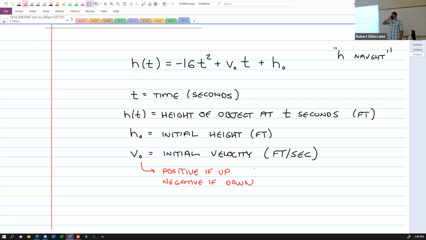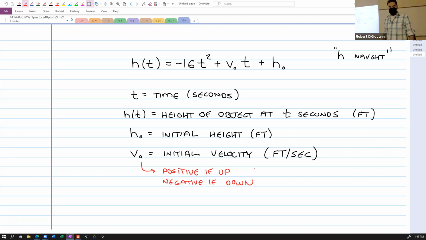It actually had to come up a little bit before it started going down, because as the helicopter is moving up, it's got a velocity going upward. So when it cuts the bomb loose, the bomb still has that inertia, it's still moving. I'm going to exaggerate, the bomb goes up a little and then starts to come back down. So you have to account for that initial velocity. Now, if you just drop it, V naught is 0, and we're happy, we move on, okay?